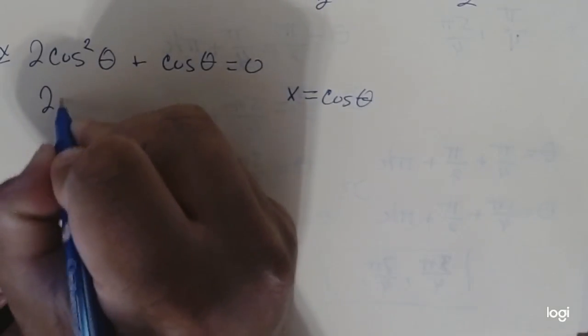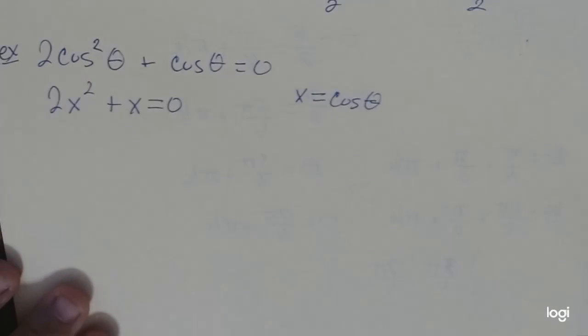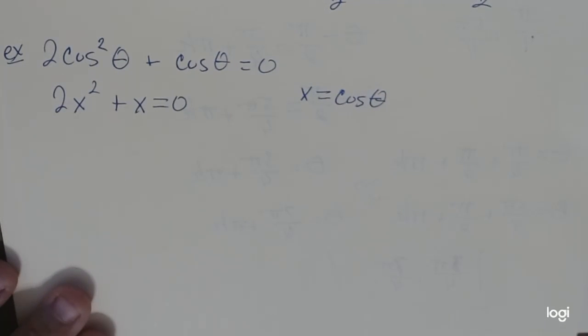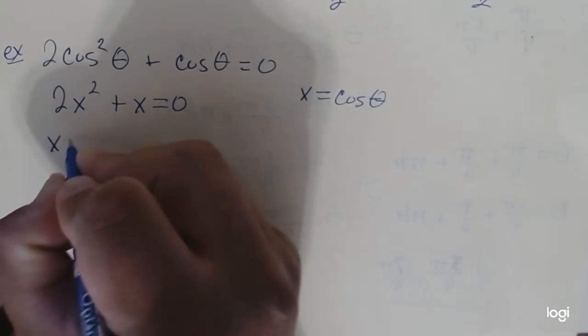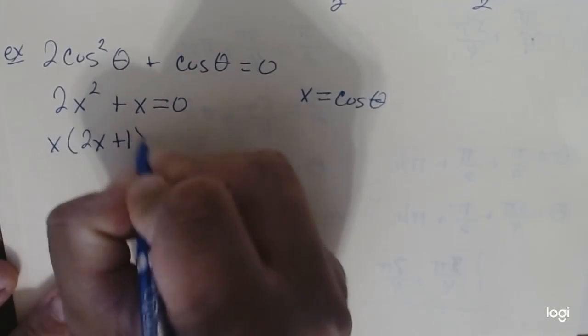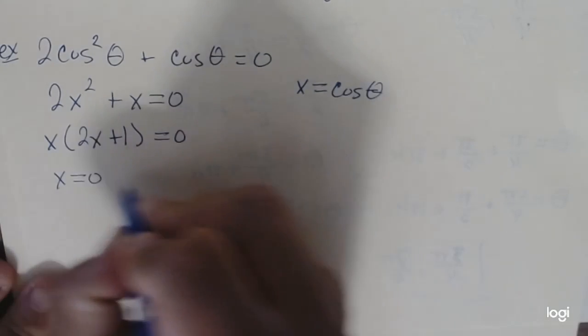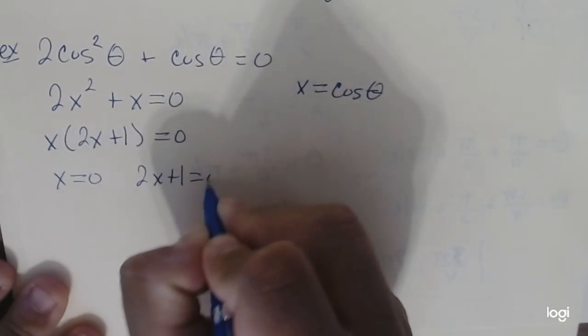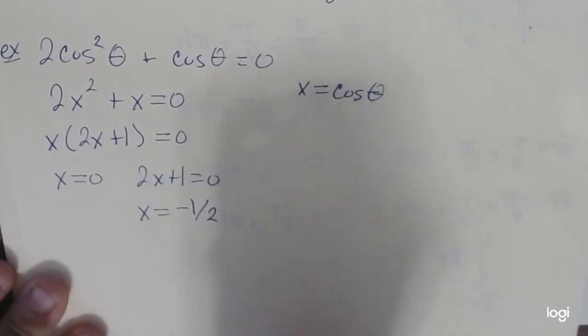So now this becomes 2x squared plus x equals 0. And I'm asking, solve for x. So hopefully now this is much easier to look at, right? So we would factor x out. So if I take out an x, that gives us that. So therefore we have x equaling 0, and then 2x plus 1 equals 0. So we have x equals 0 and x equals negative 1 half.